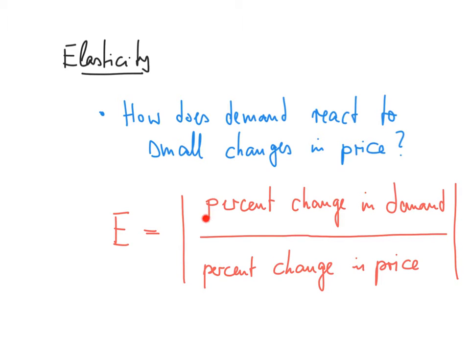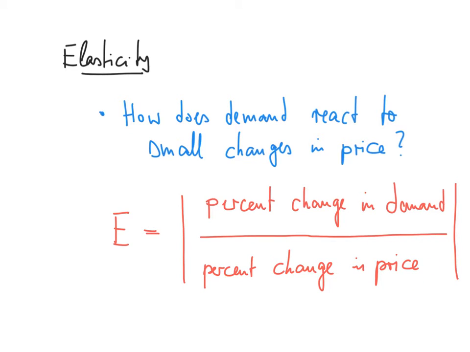And the reason why you use percent here is because you really want to get a relative idea, in the sense that, right, if you change the price of some small good by $1, because price is usually measured in dollars.